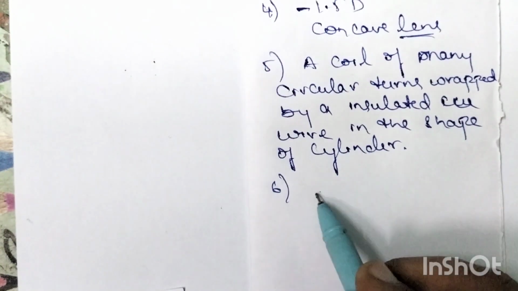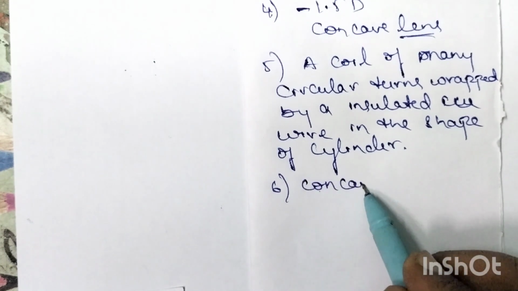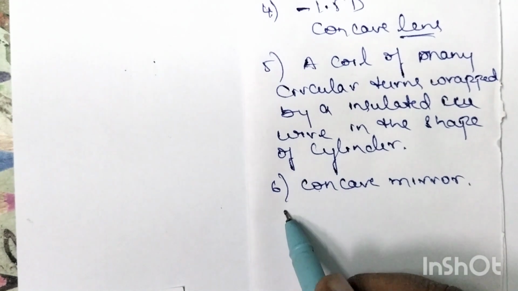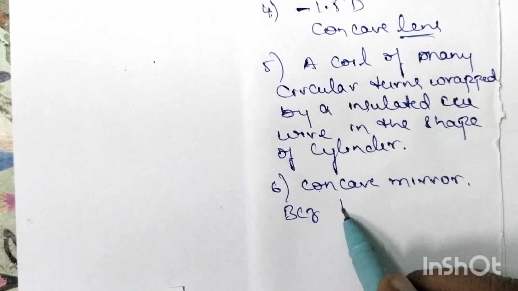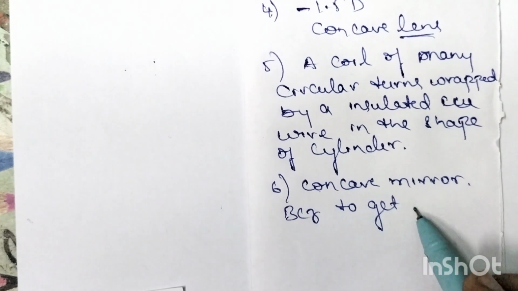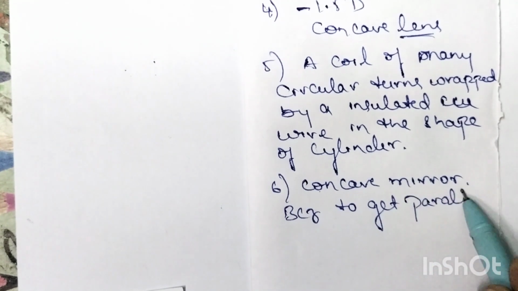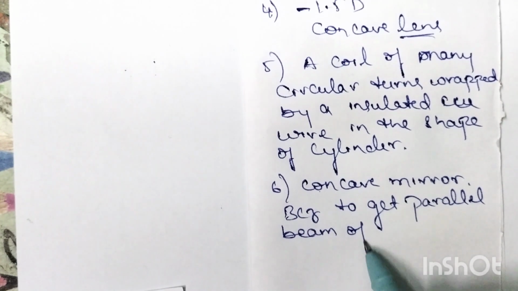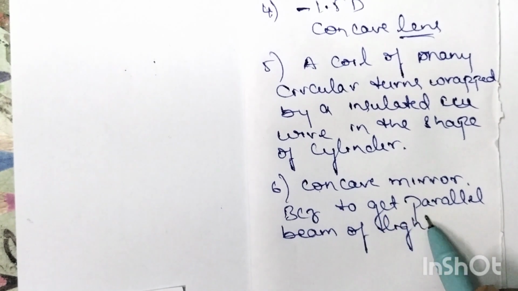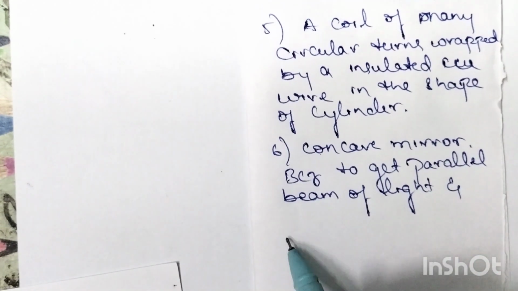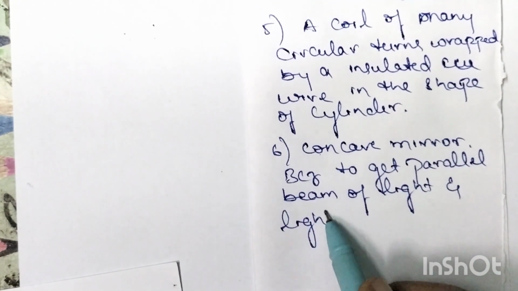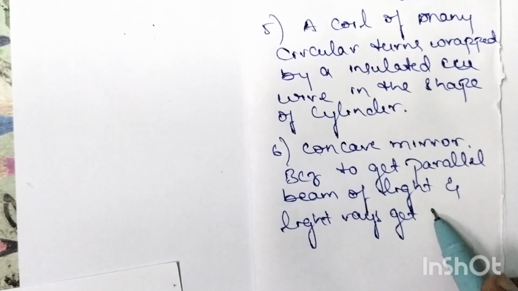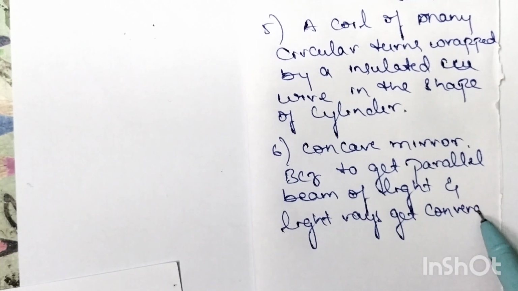For the sixth question we are using a concave mirror. So why are concave mirrors used as headlights? Because to get a parallel beam of light, the light rays get converged.